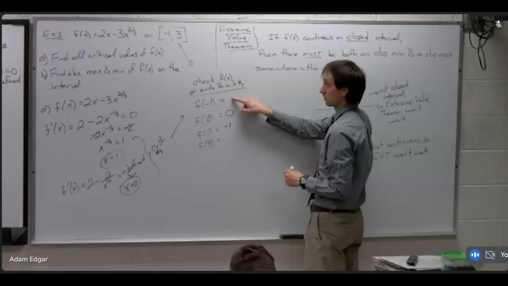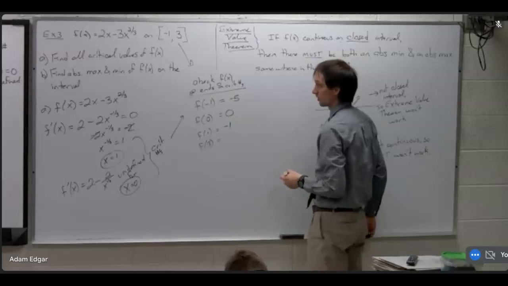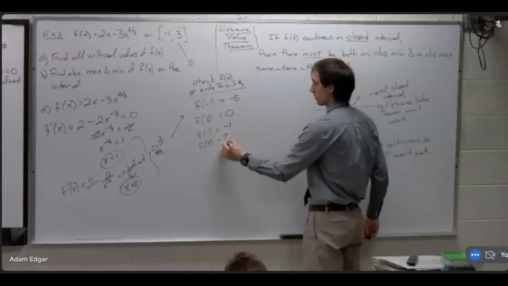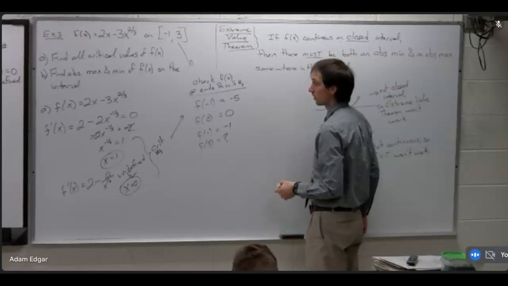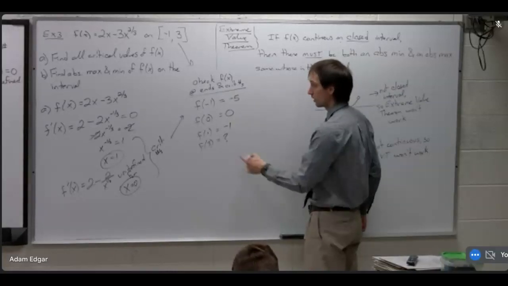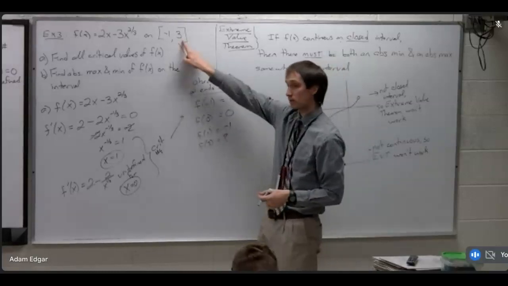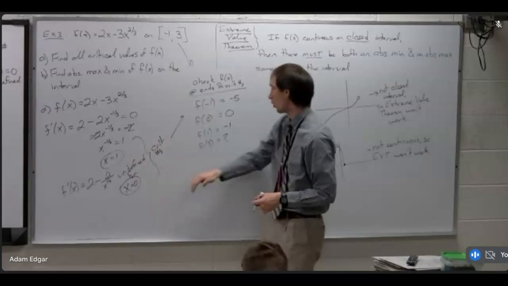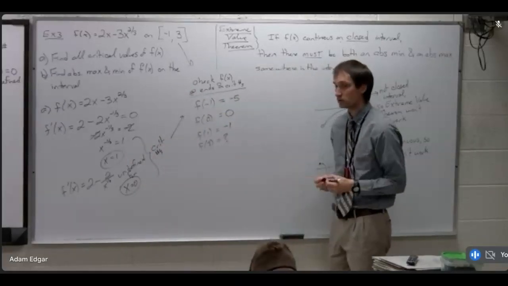I'm guessing this is negative 5, but I'm not like 100% confident. And this is going to be some decimal. So I got 1. What? Because 2 is not an endpoint, and it's not a critical number. So we only need to check these values that are either endpoints or critical numbers.